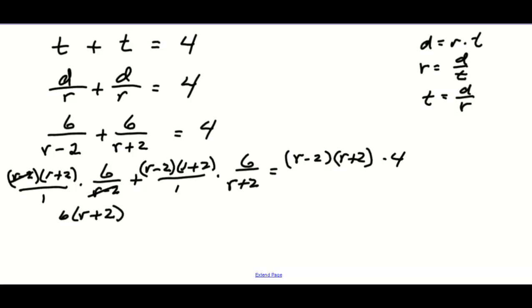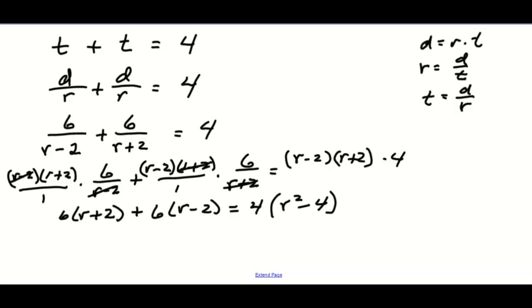And then the second one, when we cancel out the r plus 2's, we put plus 6 times r minus 2. And then we get on the right 4 times, and when I FOIL this, r minus 2 times r plus 2 is one of those special cases where it's r squared minus 4.